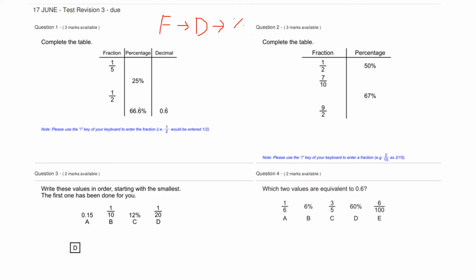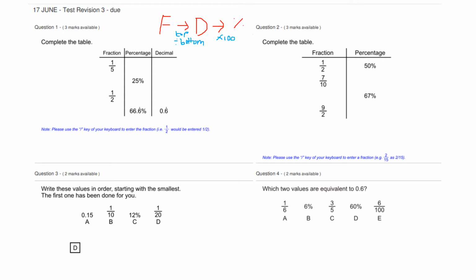So if you want to get a fraction to be a decimal, you do the top of the fraction divided by the bottom of the fraction. So if you don't know what 1/5 is as a percentage or decimal, type in your calculator 1 divided by 5 and that will get it to you as a decimal. And if you want that decimal to be a percentage, all you have to do is times it by 100.